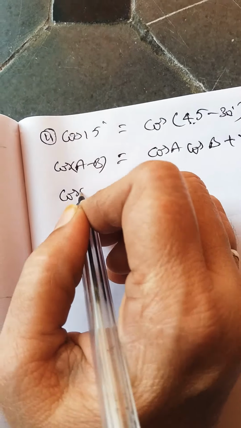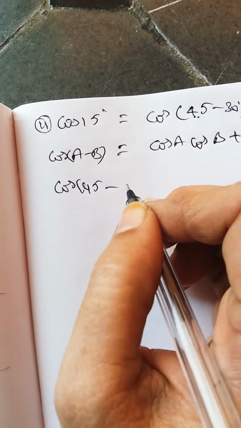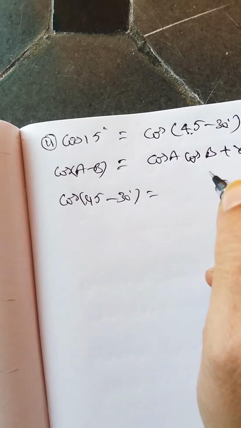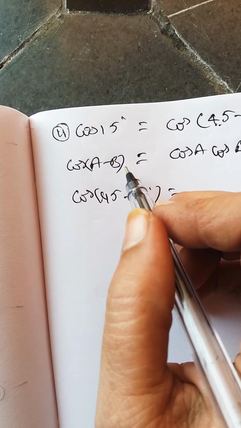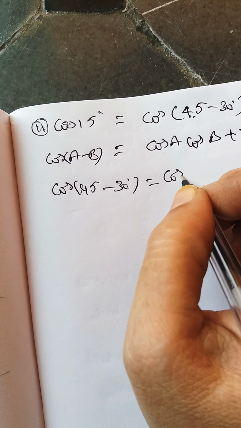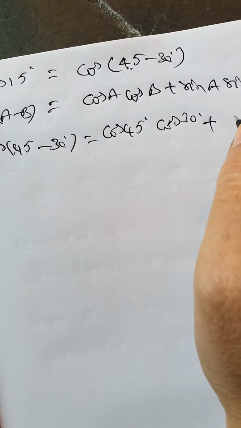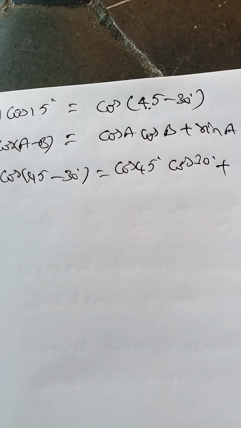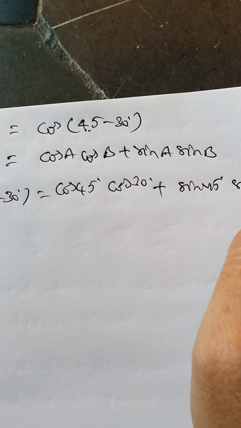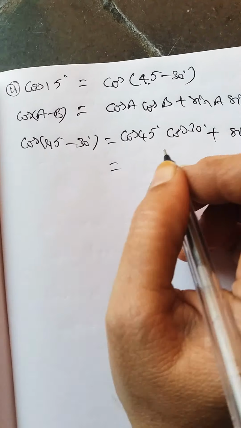We are finding here cos of 45 minus 30 degrees. In place of A there is 45, in place of B there is 30. Cos A cos 45 into cos B cos 30 degrees plus sin A sin 45 into sin 30 degrees. Now replace these angles.